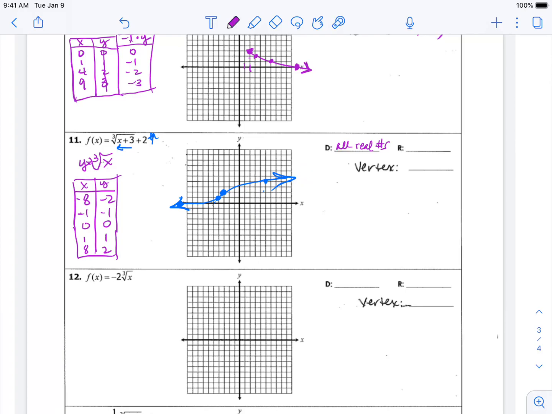So my y's are going to be all real numbers as well. And the vertex is, how did this thing move? Well, it moved this way 3 and this way 2, so I'm now at negative 3 and 2, and that's my vertex.